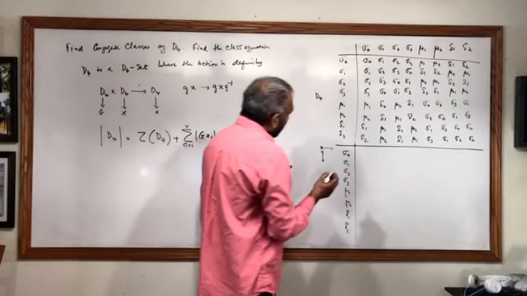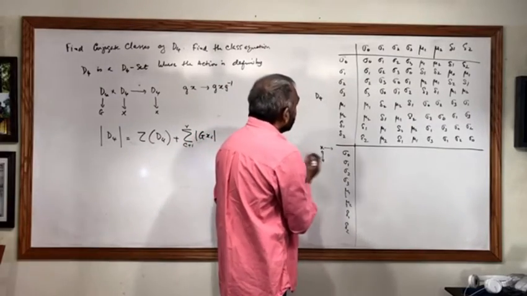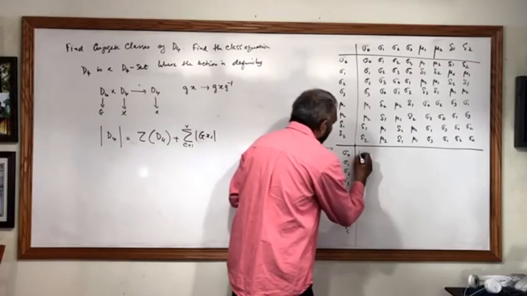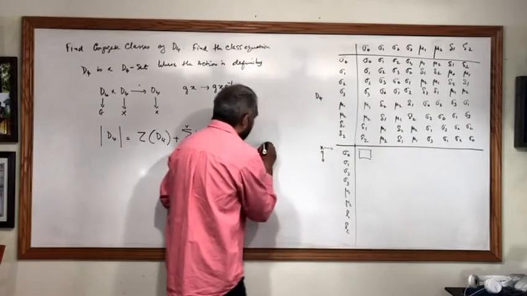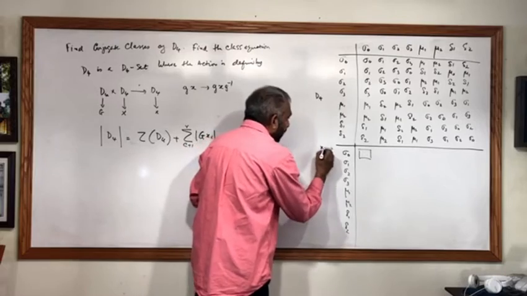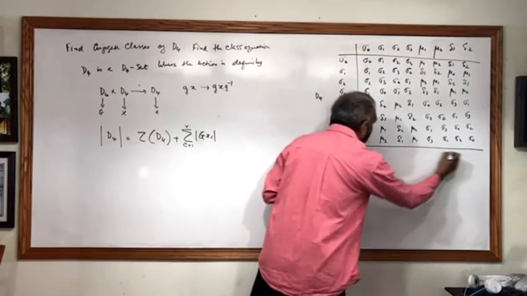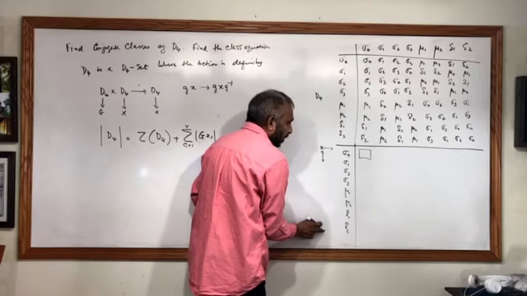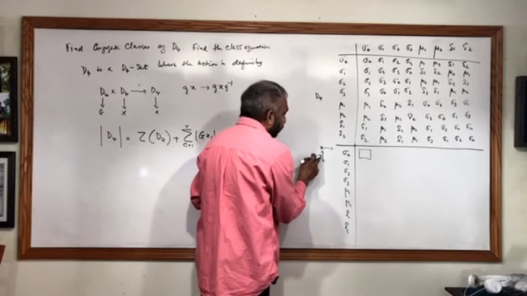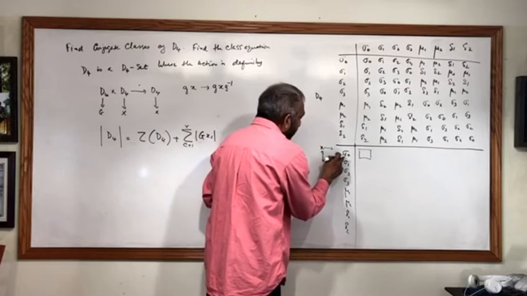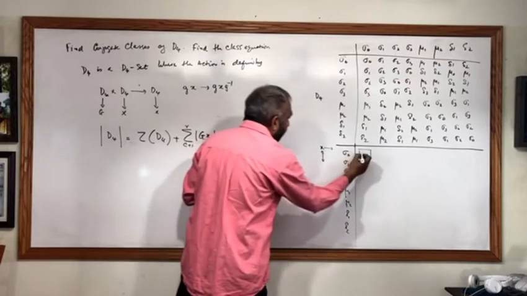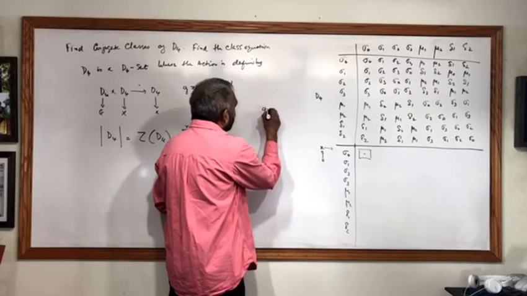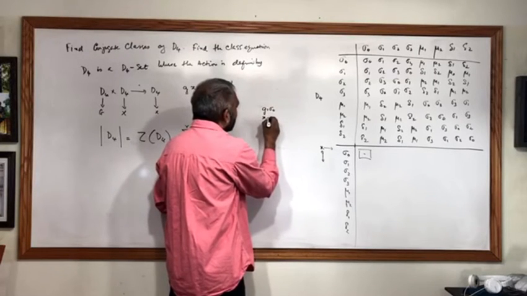Let us calculate this sigma 0. This portion will be filled up by sigma, this horizontal line is X and the vertical line is G. So if you want to fill this cell, G is equal to sigma 0, X is equal to sigma 0.